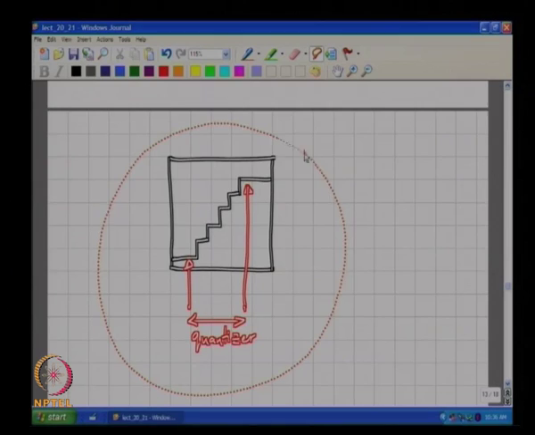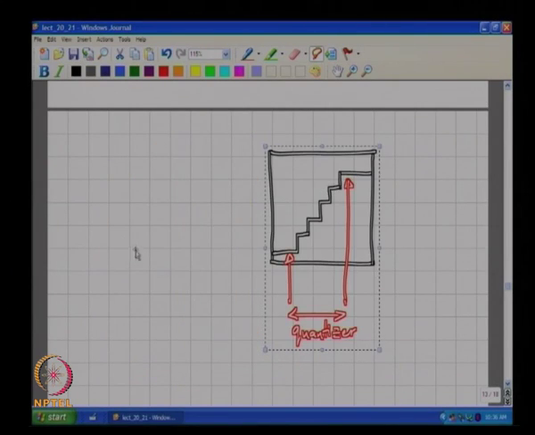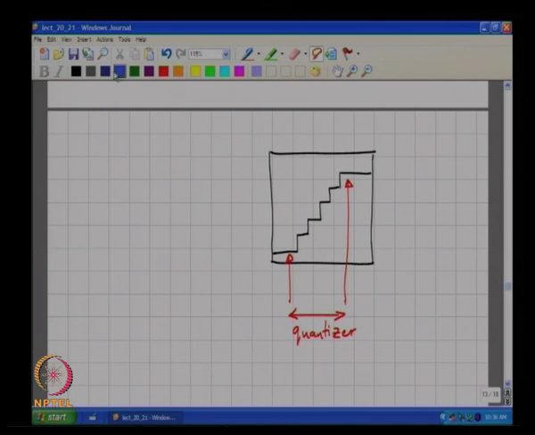Now, let us understand what happens when such a quantizer is embedded inside a feedback loop. So, again I am going to assume some generic loop filter, say L of z. For a given noise transfer function, you can calculate L of z. How is L of z related to the noise transfer function?